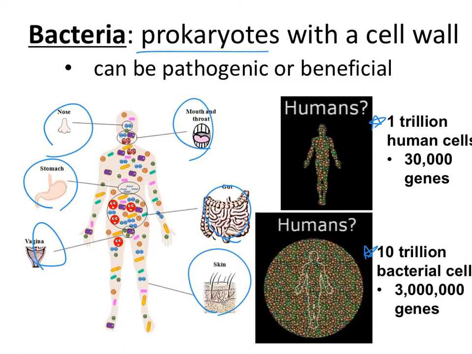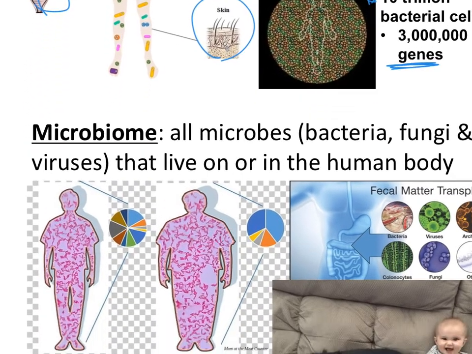In terms of the amount of DNA, similarly, we have human genes, but we are strongly influenced by the bacteria that's growing inside of us and what that bacteria is doing. So we are in this relationship with all these bacteria cells that we are carrying around.